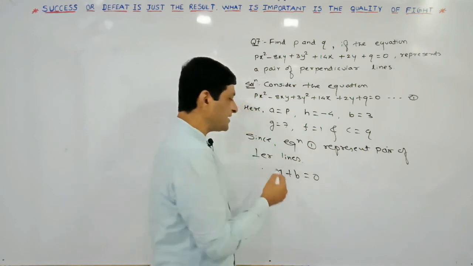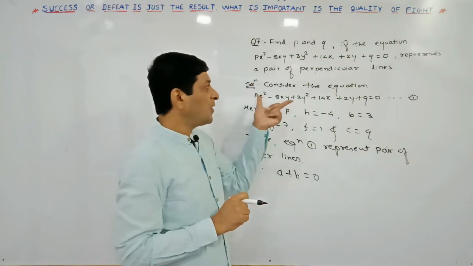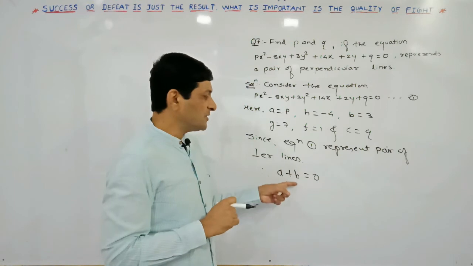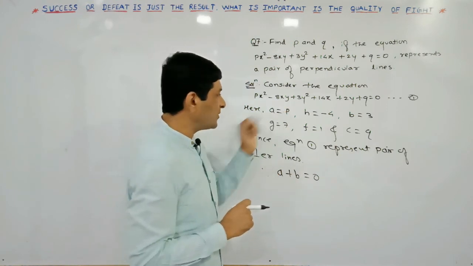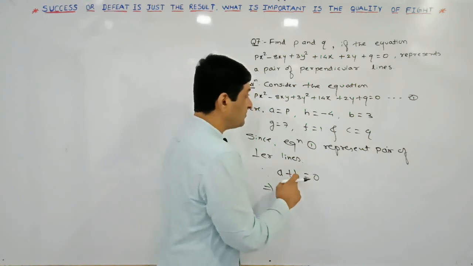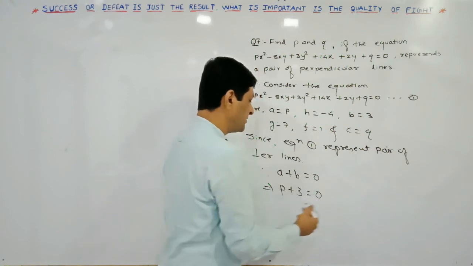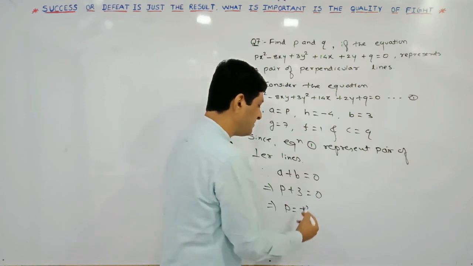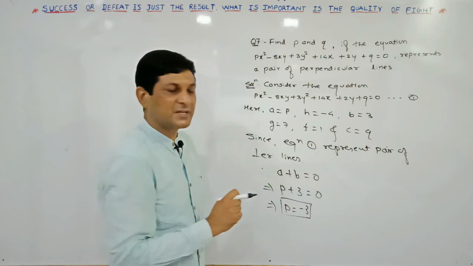This condition is satisfied when the lines represented by a homogeneous equation of second degree or general equation of second degree are perpendicular to each other. Using this condition, let us see what we will get. I am replacing a by its value p, plus b I am replacing by its value 3, which is equal to 0. This implies that p is equal to minus 3, since plus 3 on this side becomes minus 3. In this way we have got the value of p, which is our first required value.